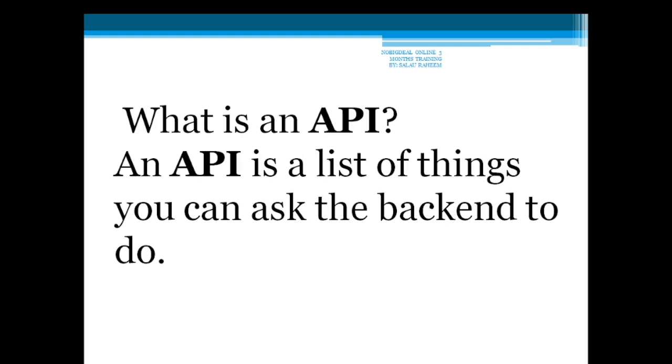What is an API? An API is a list of things you can ask the back end to do. Think of it like a menu. The options are get user, post comment, delete message, etc. When learning about RESTful API and how websites or apps work behind the scenes, it is helpful to think of it like choosing from a menu at a restaurant.